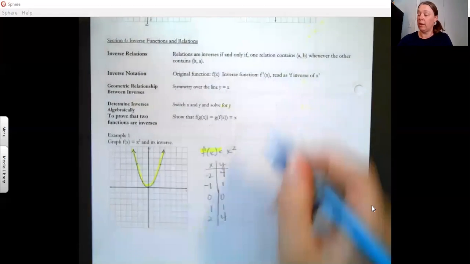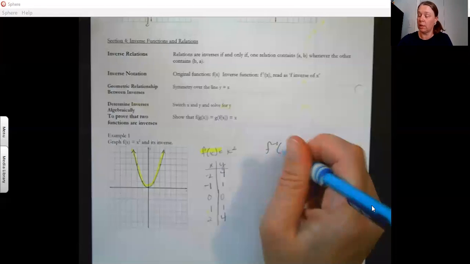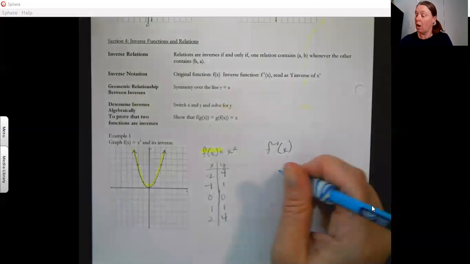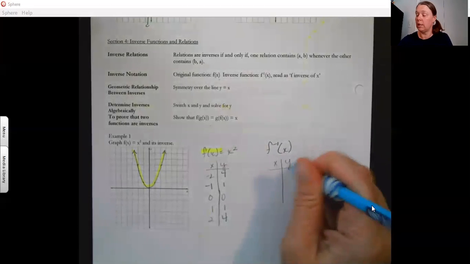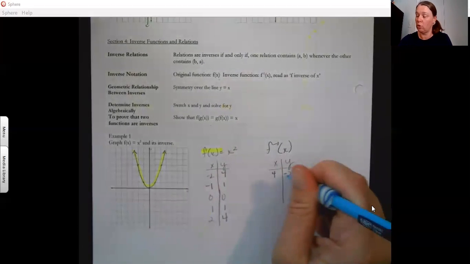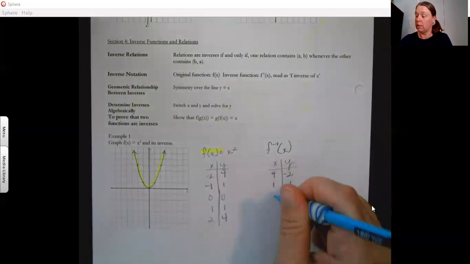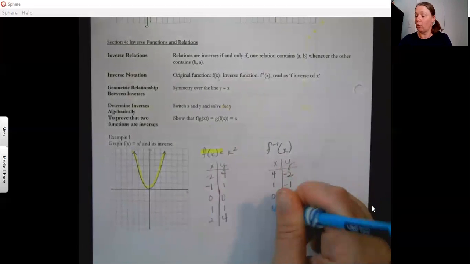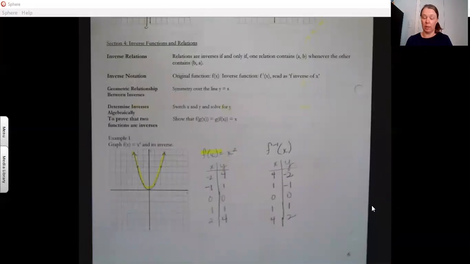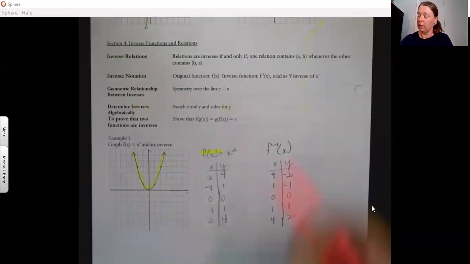then to get f inverse of x, so I'm going to use that -1 as a power, and this is just asking for the graph. All I have to do is interchange each of these x and y values. So here I would have (4, -2), (1, -1), (0, 0), (1, 1), (4, 2). And I would plot those points. So this is going to be my inverse.